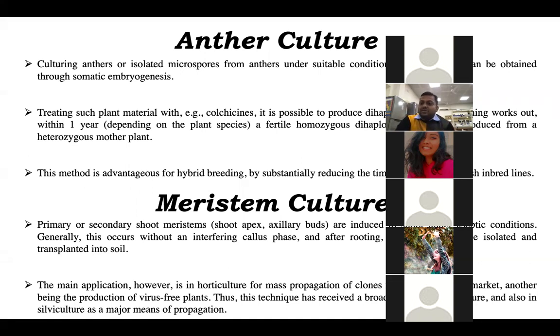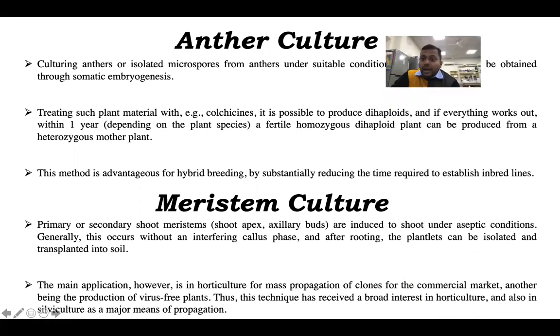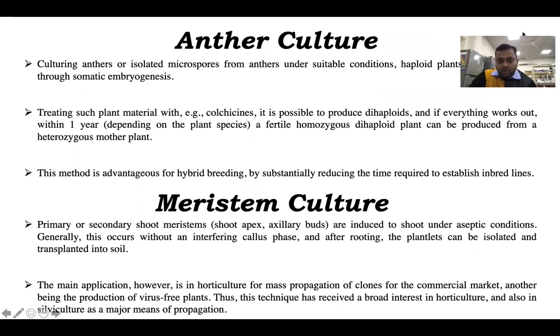But using meristem culture under controlled conditions of light, temperature, and humidity, with proper optimization, we can actually multiply the plant.